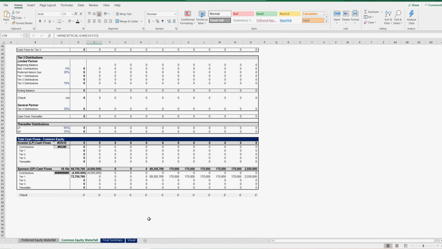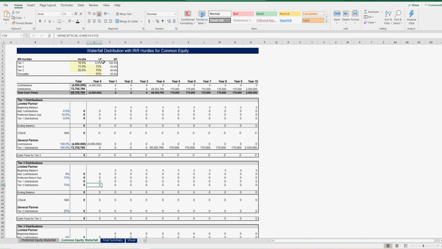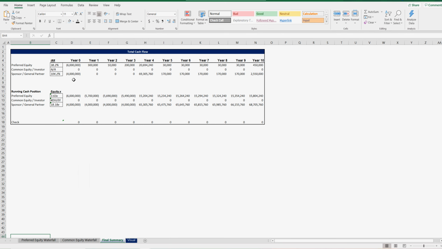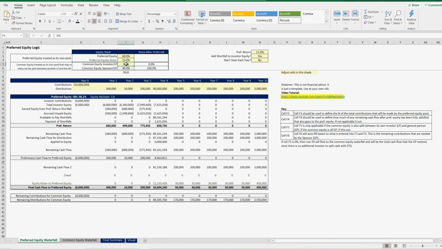You would have to manually go in here and make the LP 0 in each of the hurdles and 100% here, and then on your final summary, it would say the common equity investor was getting all of the return, and then this sponsor would have an error, which is not desirable. So that's now updated, so it doesn't do that, and you can have a 0% for the LP, the subordinate investor, and it still works fine.